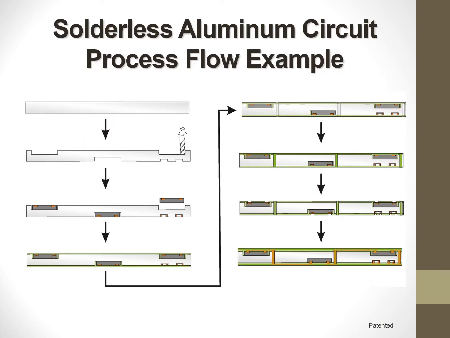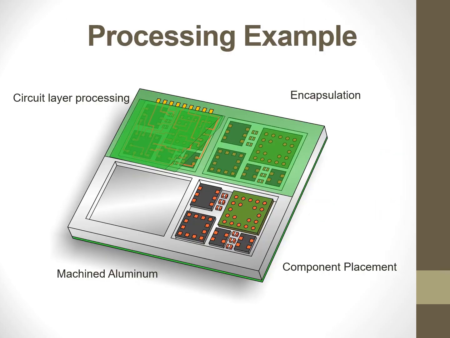So here's an example: taking a piece of aluminum, machining cavities into it, having components of common height, then drilling holes if you're going to provide access from one side to the other, filling those holes with insulating materials, coming back, drilling holes through the insulating material, and then overcoating the entire assembly with polymers top and bottom, and plating the circuit patterns up to interconnect the components on both sides of the assembly.